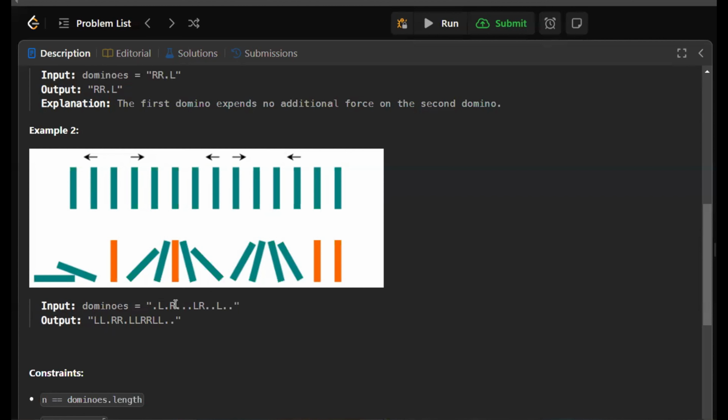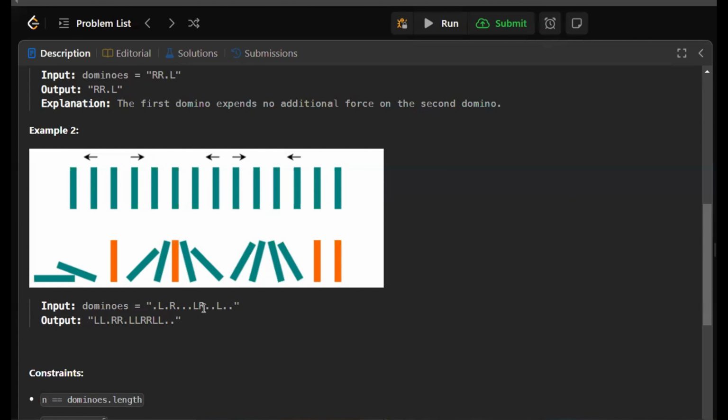Now, if we push this fourth domino to the right and if we push this domino to the left, that means this middle domino will stand still and these two dominoes will fall into the right position and these two dominoes will fall into the left position.